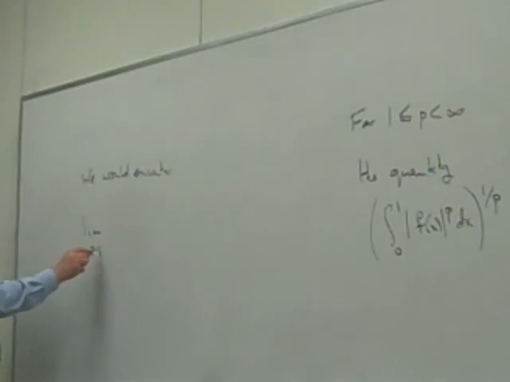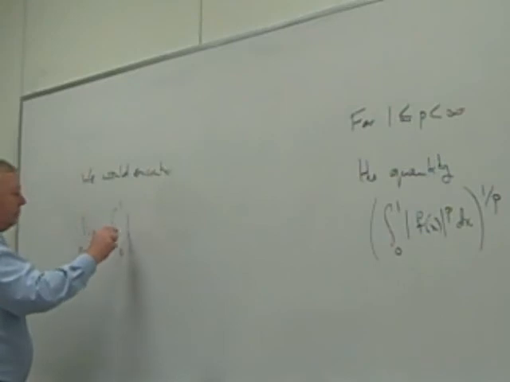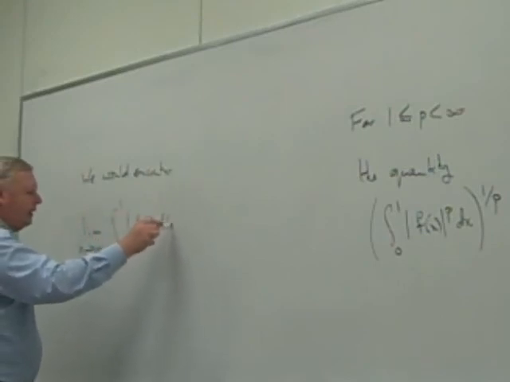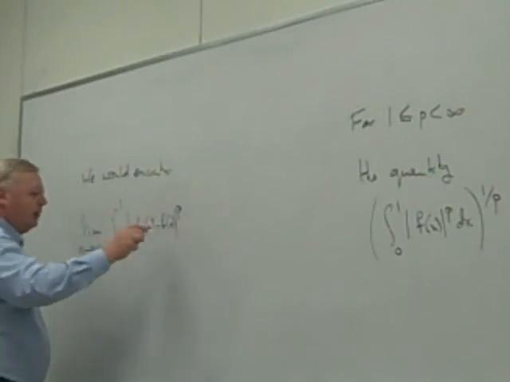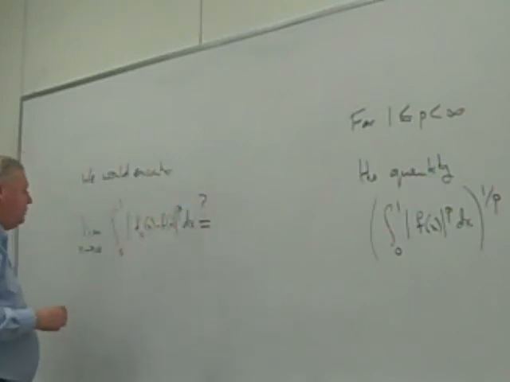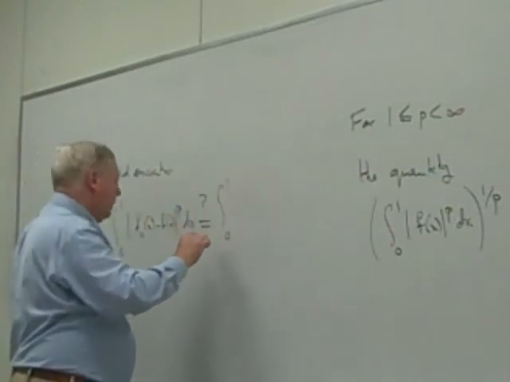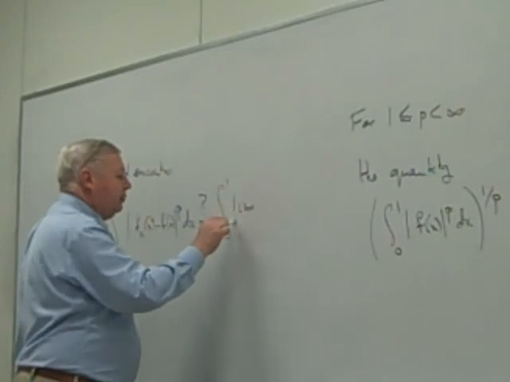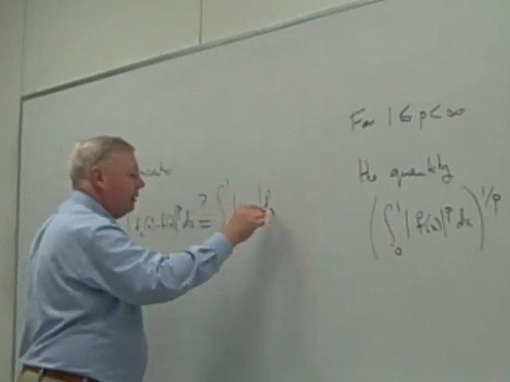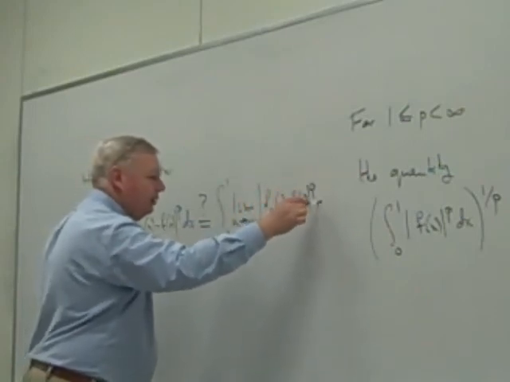Limit n goes to infinity, integral 0 to 1, absolute value fn of x minus f of x to the pth power: is that equal to the integral from 0 to 1 of the limit as n goes to infinity of absolute value fn of x minus f of x to the p dx?